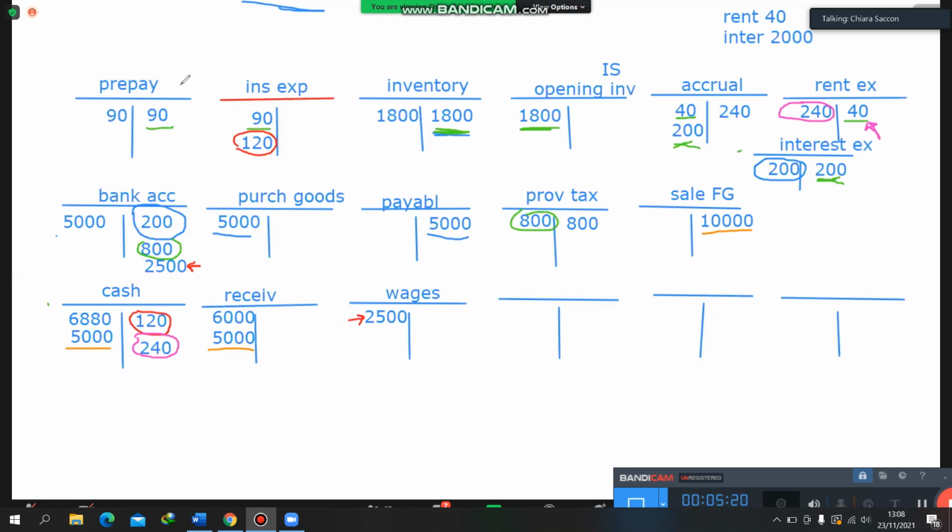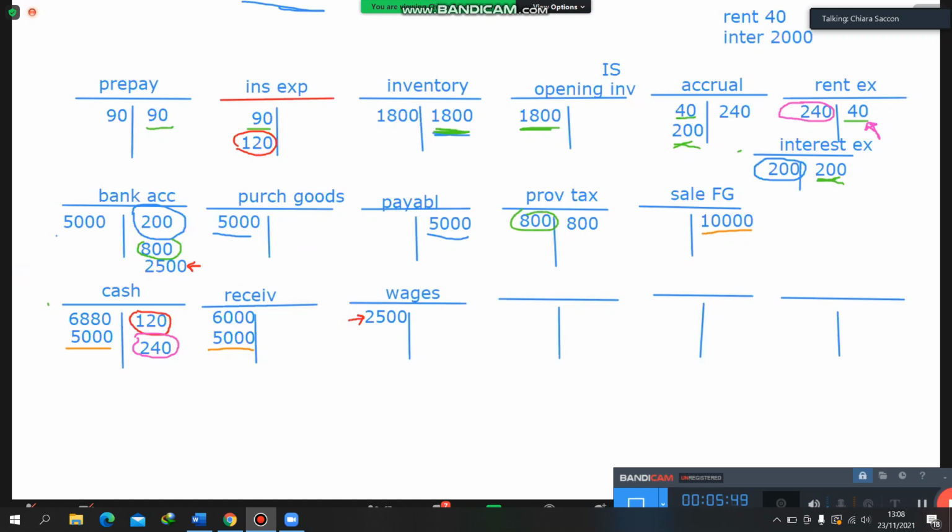Okay, then receivables not paid for 300. Lost credits. So you remember that we were expecting a loss on credits on receivable, and we opened a provisions for doubtful debt. I don't have it here, so I write it.